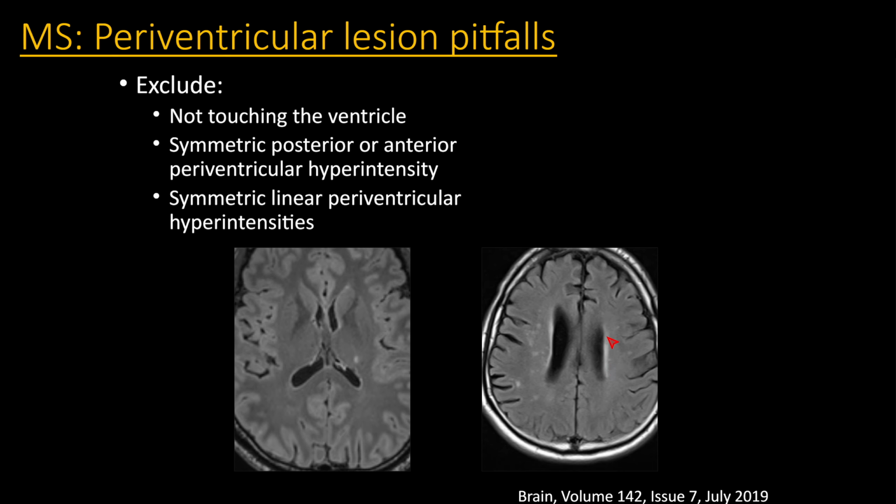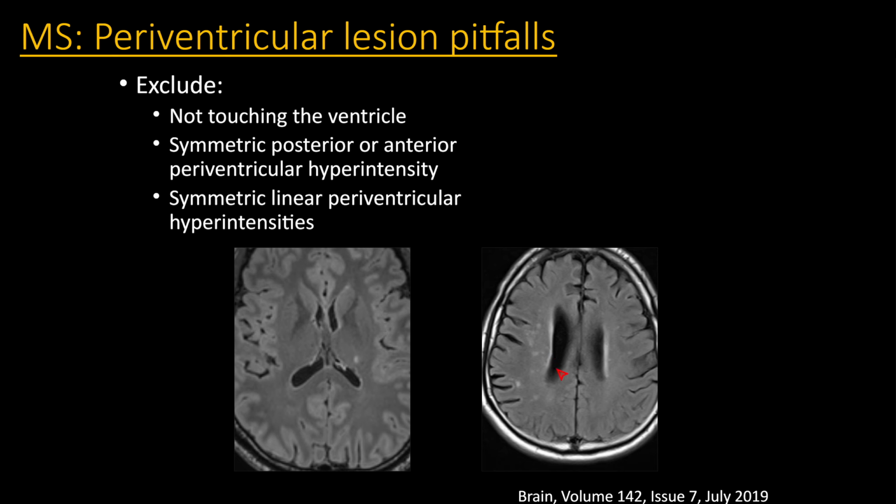So these hyperintensities are technically periventricular, they abut the lateral ventricles, but because they are symmetric or linear, they do not count as periventricular lesions for the purposes of diagnosing MS. Even if you had symmetric only anterior or symmetric only posterior, they are also excluded.